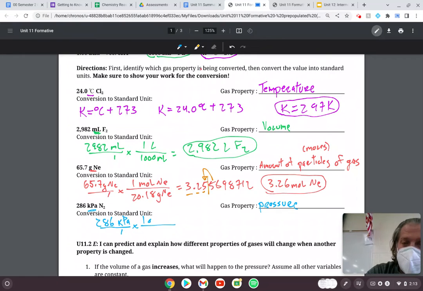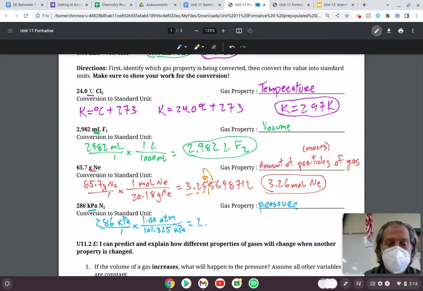In 1.00 ATM, there are 101.325 kPa, kilopascal. So I'm going to take the 286 divided by 101.325 and get something like 2.822600543.